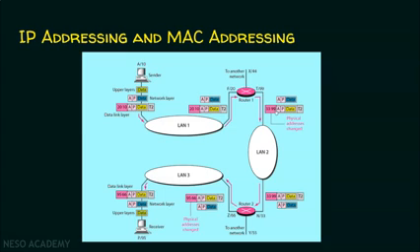And we observe that these physical addresses are changed during transmission. So this is now 33 and 99, which means 33 is the destination MAC address and 99 is the source MAC address. After this data is received by this router, it opens the content and finds the destination MAC address to be 33.